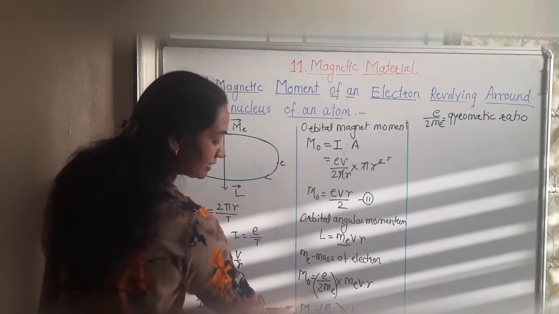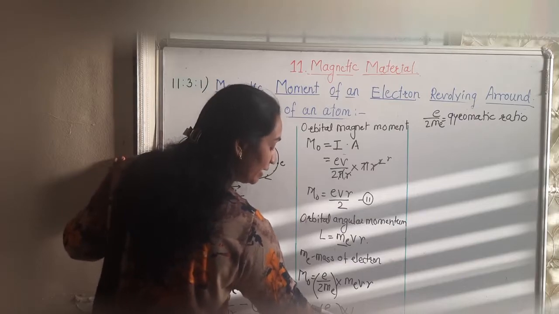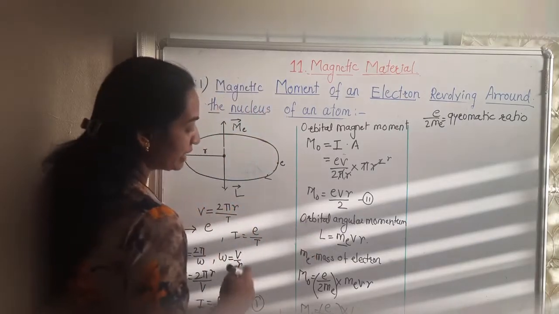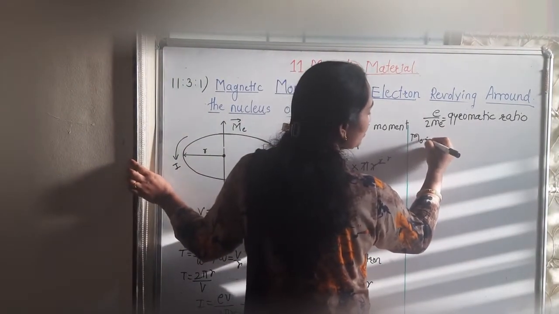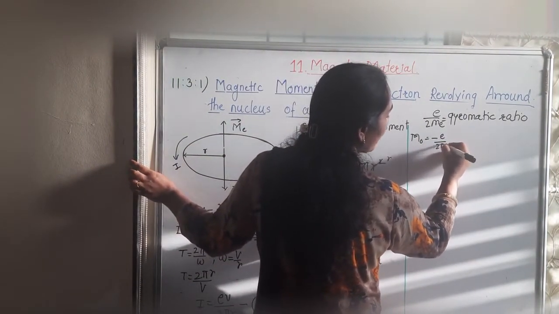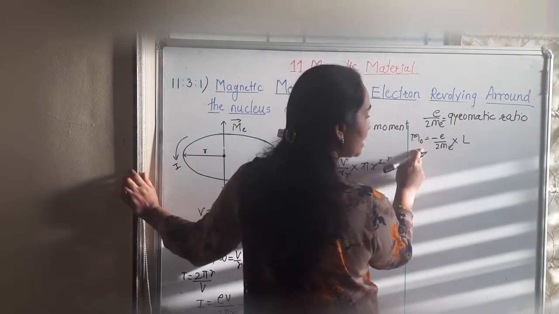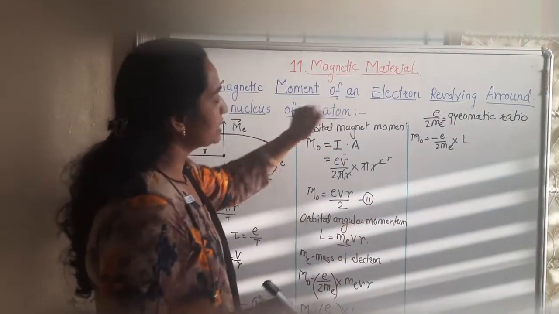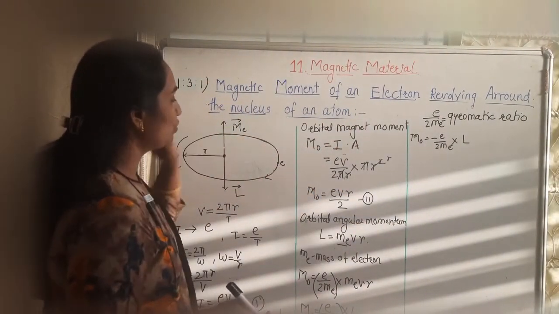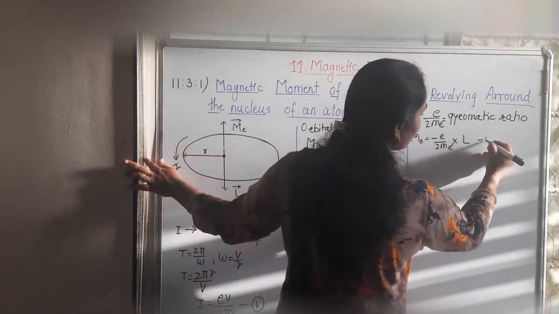The relation is that M0 is directly proportional to L. When the electron bears a negative charge, M0 is equal to minus e upon 2Me into L. This is equation number 3.